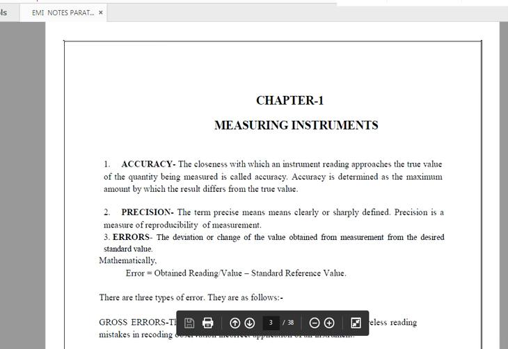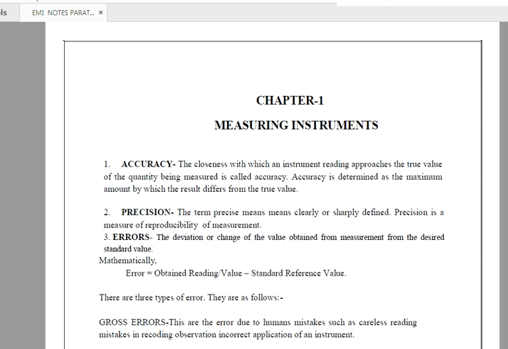This is done with the aid of instruments that indicate the magnitude of the quantity either by the position of a pointer moving over a graduated scale or in the form of a decimal number. These two types of instrument are used in electrical measurements.